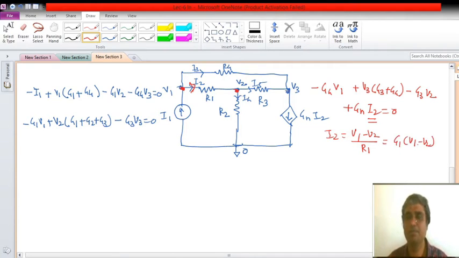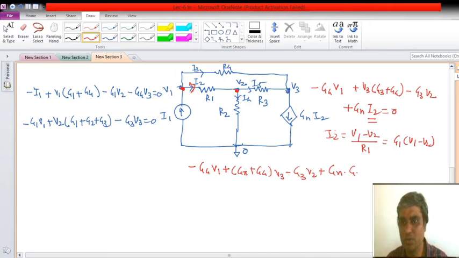I'll substitute this in this equation: minus G4 V1 plus G3 plus G4 V3 minus G3 V2 plus G1 times V1 minus V2 is equal to 0.